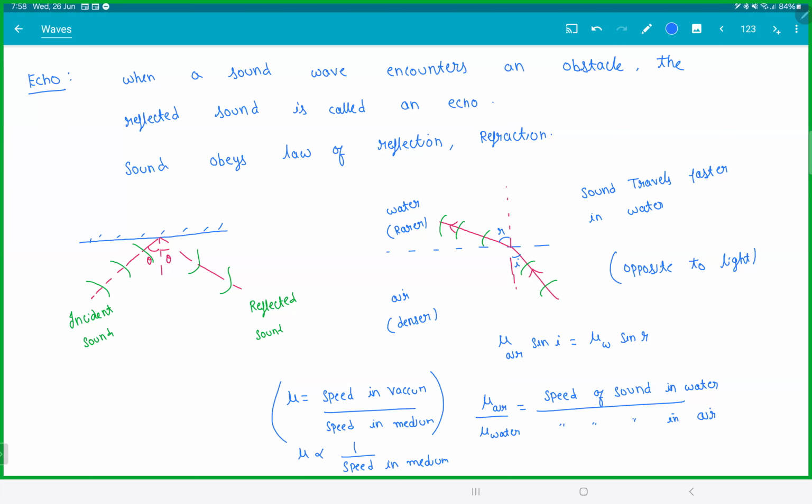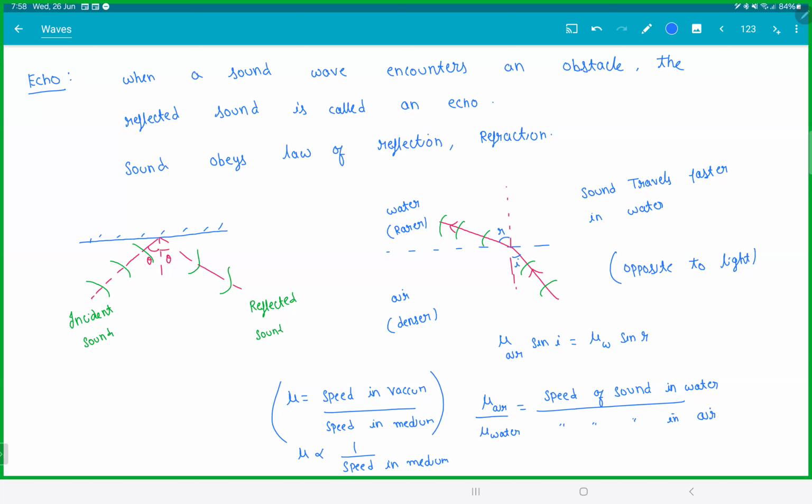How did you define refractive index? It is a ratio of two speeds. Maths will think water is vacuum here because it's going faster, and the air is like a medium because it's going slower. Are you getting the relation? You can just convert the whole thing from a sound wave to Snell's law and it works. Clear with this? So they can play with sound waves like this also using ray optics. So be careful with that.